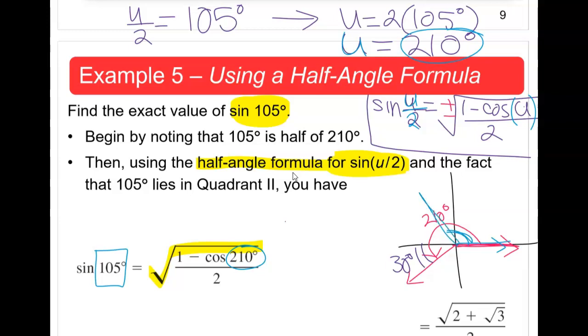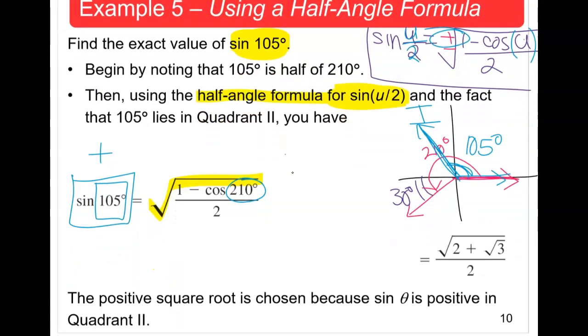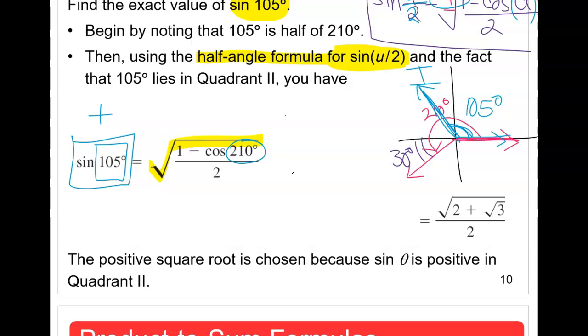So in that case, for the angle 105, we're going to say that the terminal side is in quadrant 2. So for the sine of 105, it's going to be positive. So from the square root, we will choose the one with the positive answer.